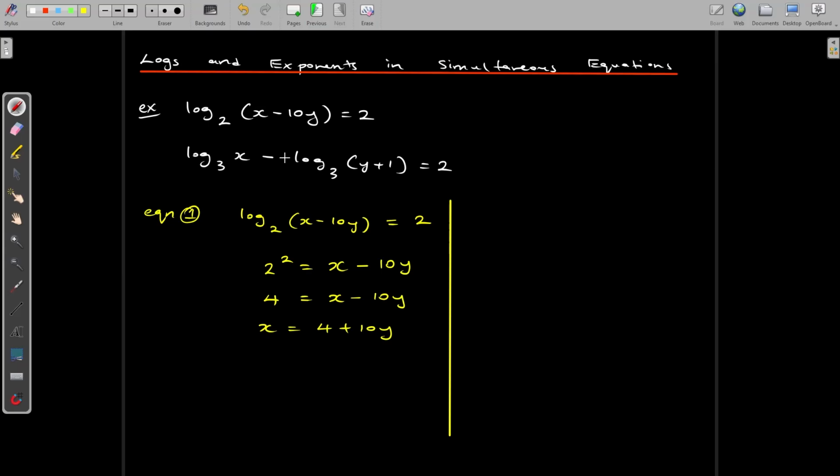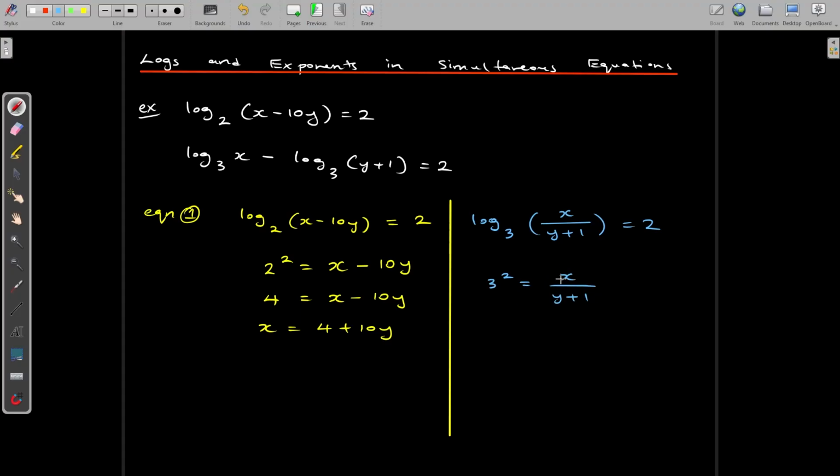So for the second equation, we already know what x is. So what we can do, we're subtracting same base here. So this will be log base 3 of x over y plus 1 is equal to 2. So 3 squared is equal to x over y plus 1.